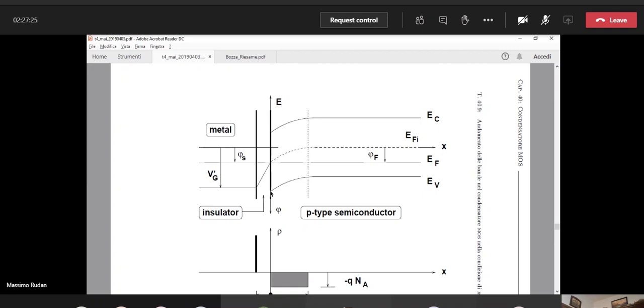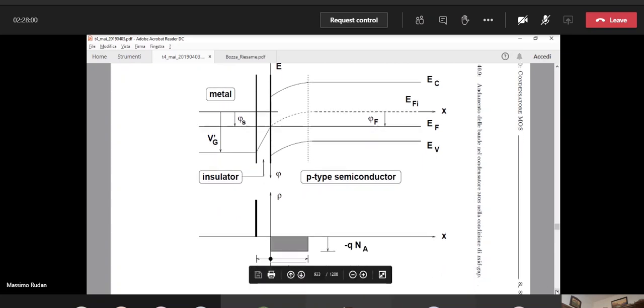So the two distances are equal, and if you remember from the general expressions of the concentrations, the concentration of the electrons at the surface is equal to the concentration of the holes at the surface, and both are equal to the intrinsic concentration. Of course, the intrinsic concentration is small. So the concentrations of electrons and holes at the surface and more generally in the depleted region are negligible.